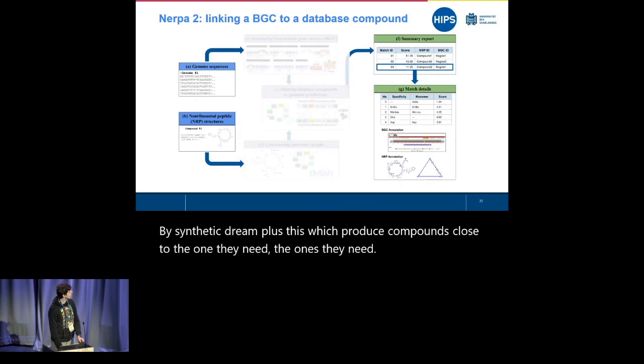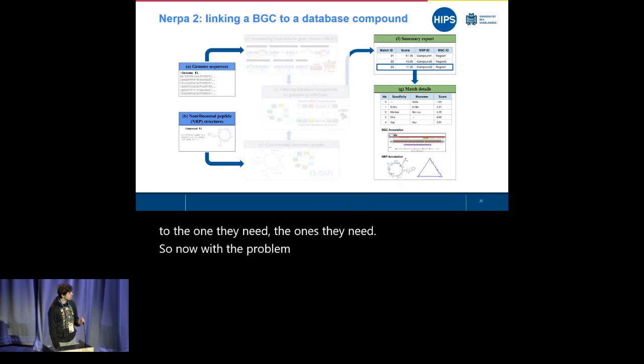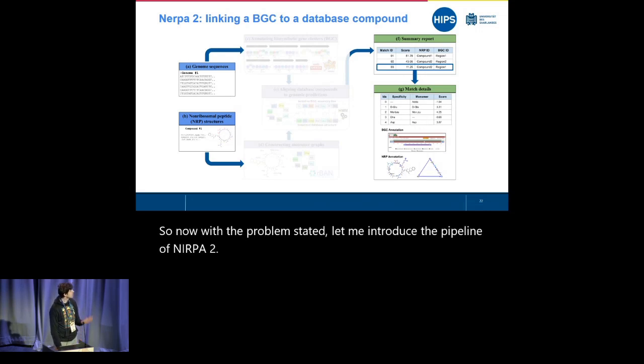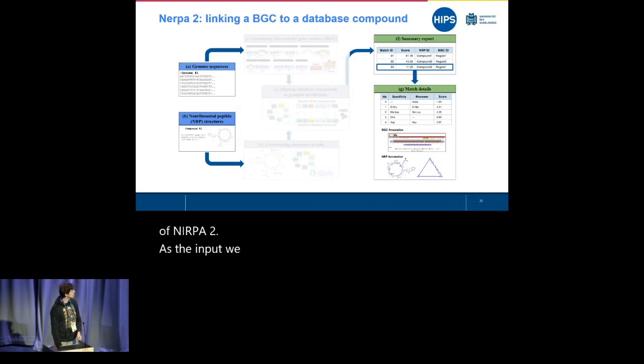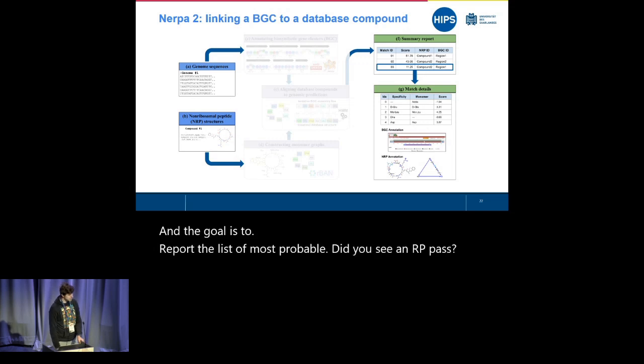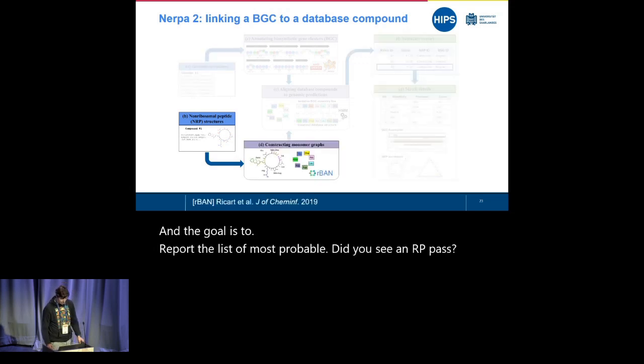So now, with the problem stated, let me introduce the pipeline of Nerpa 2. As the input, we have genome sequences and nonribosomal peptide chemical structures, and the goal is to report the list of most probable BGC-NRP pairs.